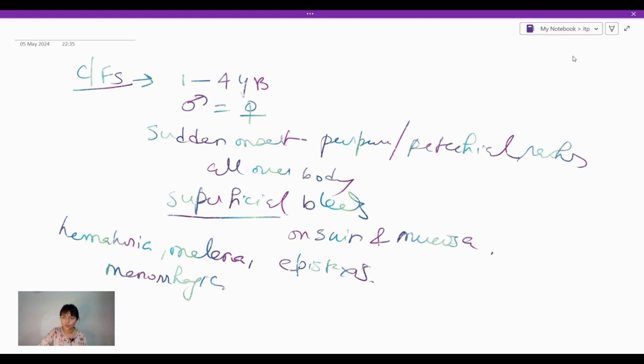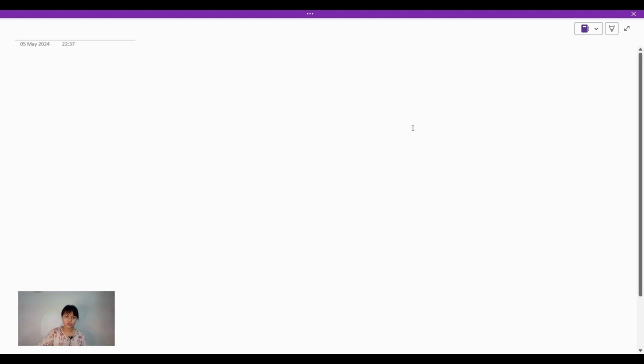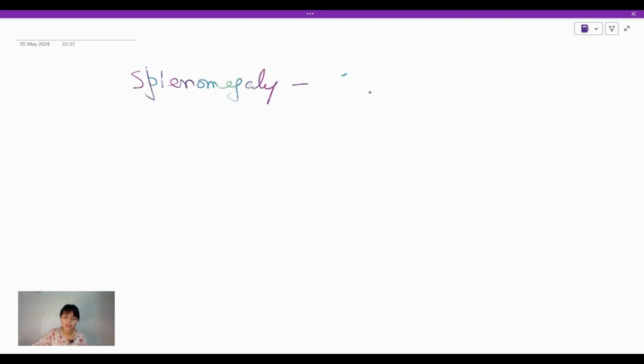And yes, one more thing you need to add in your clinical features is the things which are absent. So I know whenever you get to see ITP, you often jump into splenomegaly. But splenomegaly is found only in less than 10% cases, right? And there won't be any disproportionate anemia. No, there won't be any organomegaly.